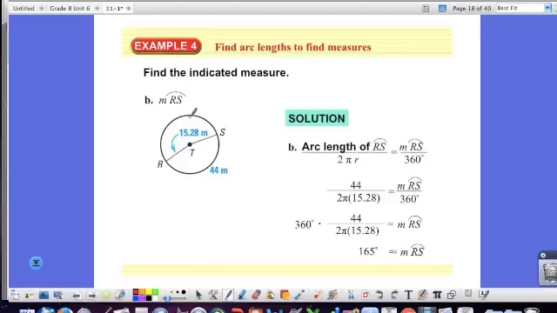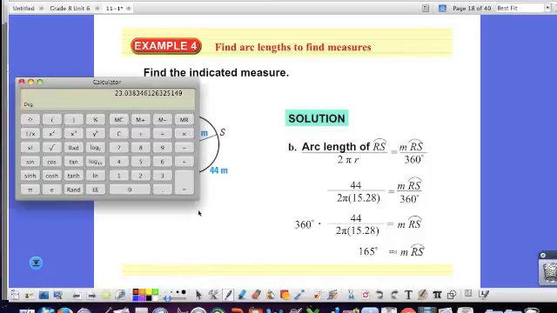Okay, now they want the measure of arc RS. Once again, we know that 44 is compared to 2 times pi times the radius. They skip some math here, so I'm going to actually do this. 2 times 15.28, you can do this in any order. So that's the diameter times pi equals, the circumference is about 96.